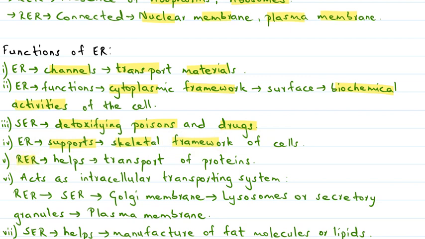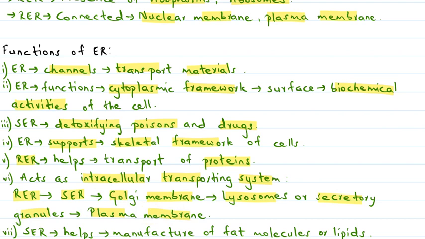Then the RER helps in transportation of proteins, and it acts as an intracellular transporting system in which various secretory products are transported to various organelles. And the pathway we have shown here is, the transport begins from RER, then it moves to SER, then to Golgi membrane, then to lysosomes or secretory granules, and then to the plasma membrane.